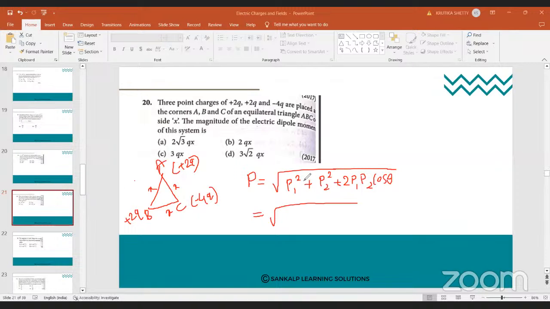So here, what is the dipole moment formula? Dipole moment is given by the product of any one of the charges and the distance between them. Right? So here P1 square will be, the charge we have is 2q, so this will be 2q into x. So this is 2qx whole square.